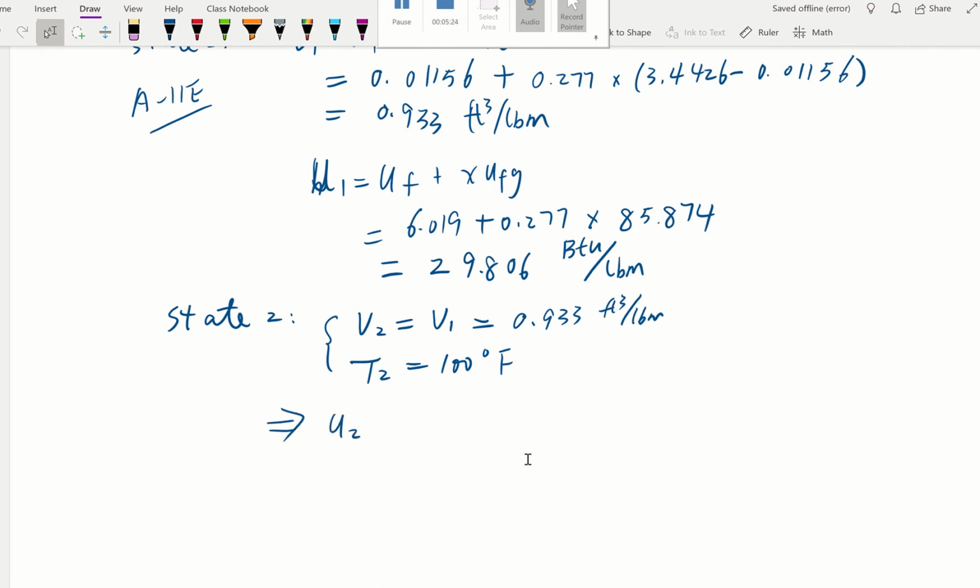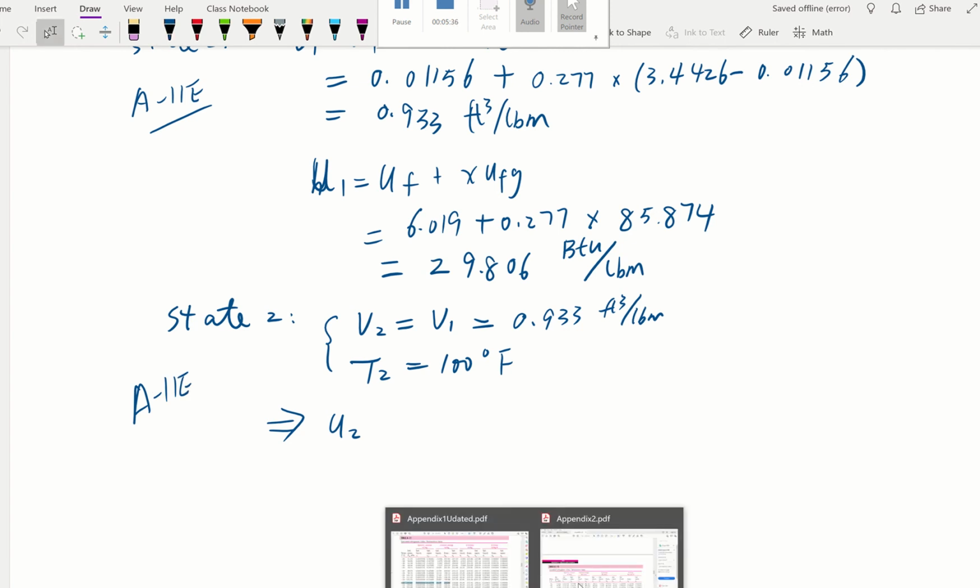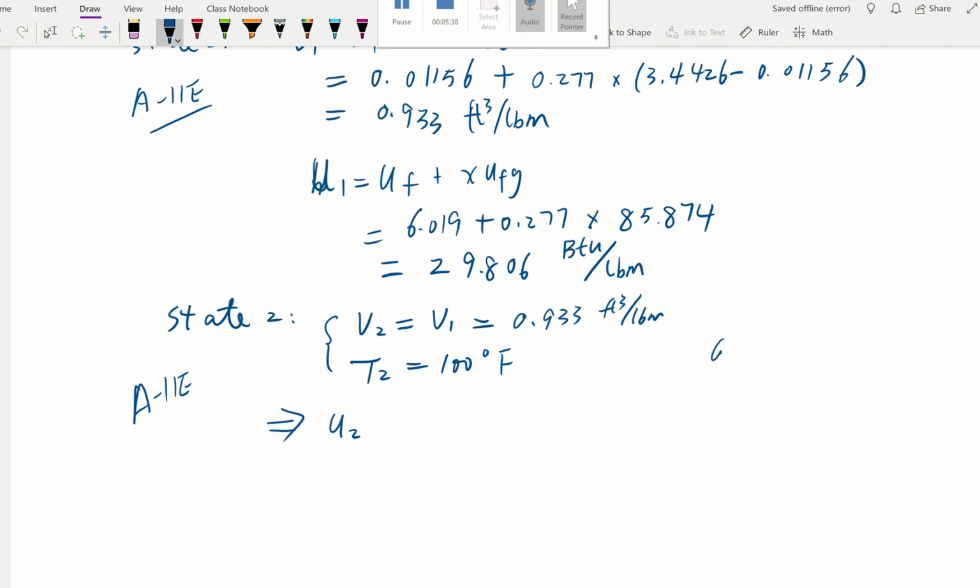For state 2, we don't really know what state that is. So let's go to table A11E, the temperature table, at 100 Fahrenheit. Our goal is to compare the calculated V with VF and VG.